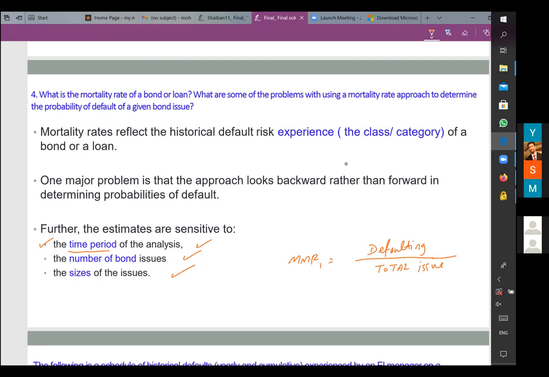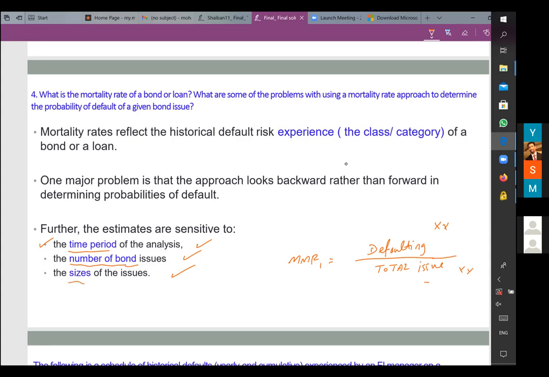So when you compare the classes, it depends also on the number of bonds defaulting here. I can say C is better than A, or A is better than B, but it also depends on how many of them defaulted here, and what is the total issue. If the issue is smaller in one of those ranks, the number of bonds will play a role.